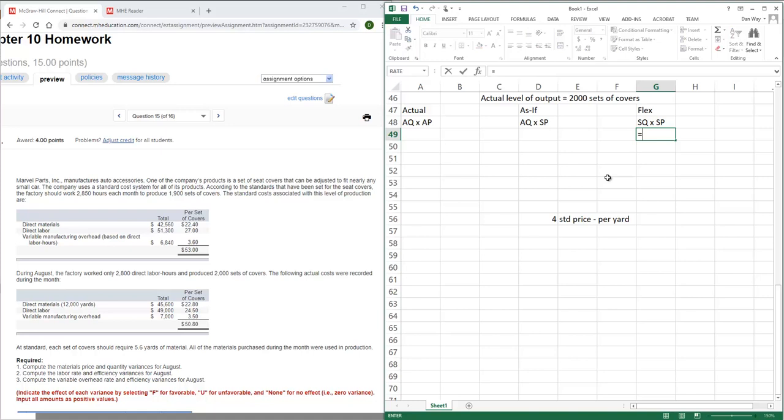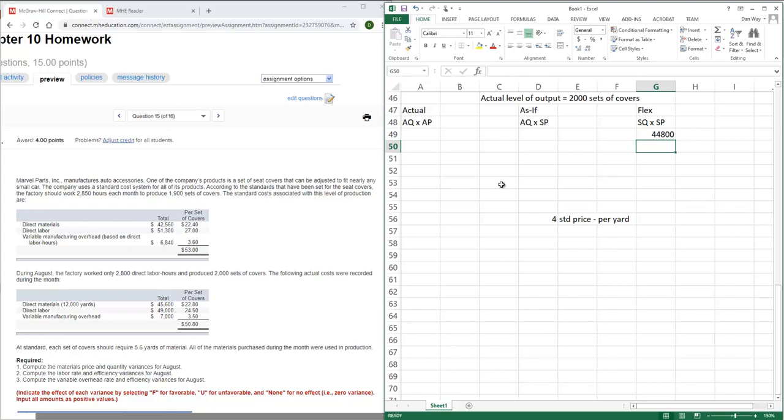We've got our standard quantity of 5.6 yards of material per set of covers times our standard price of $4 per yard, and then we just want to make sure we multiply that times our actual output of the 2,000 sets of covers. So there's a grand total of $44,800.